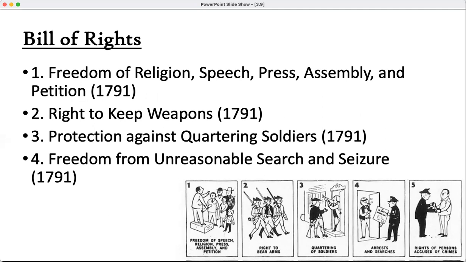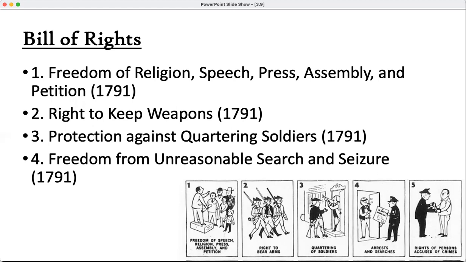You have freedom to practice your religion. We have freedom of the press, which means newspapers and news anchors can criticize the government. You have freedom to gather and complain about the government, and gather and come up with a constitutional amendment. And you have freedom to ask the government to change.